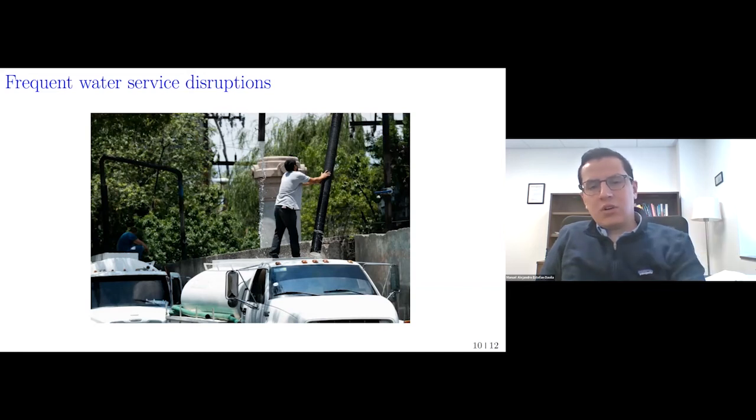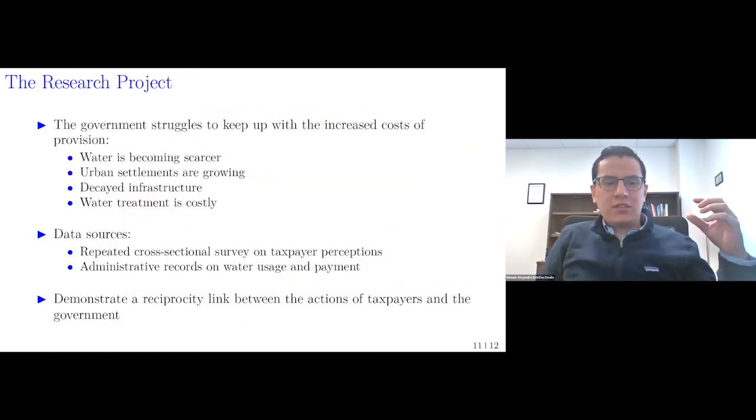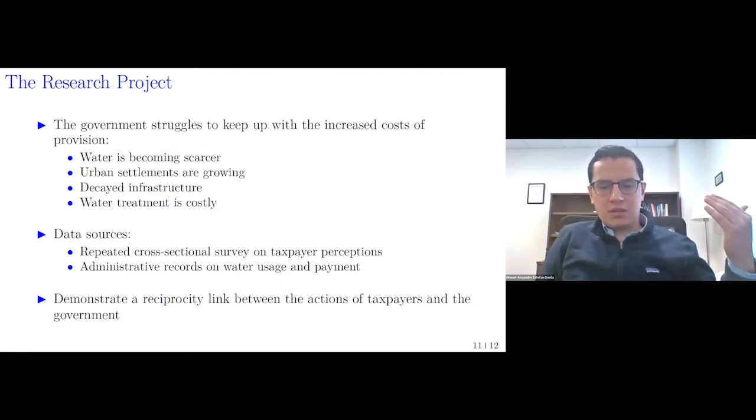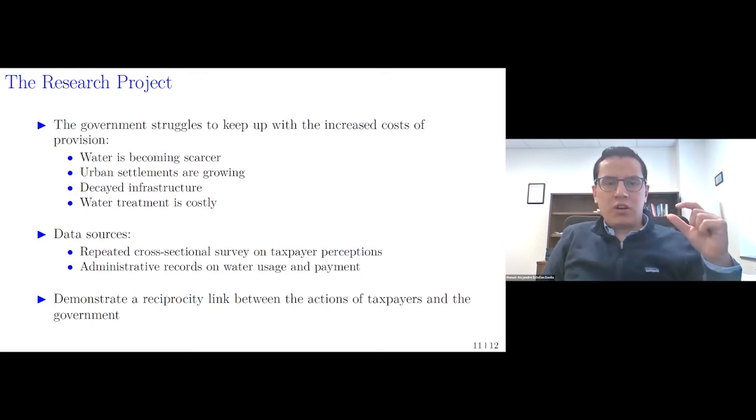In this ongoing research project, I study together with my co-authors the reciprocity link between the actions of taxpayers and the government pertaining to water service and water provision. In particular, we are exploring the idea that if taxpayers perceive a better quality water service, they might be more willing to pay their utility bill.